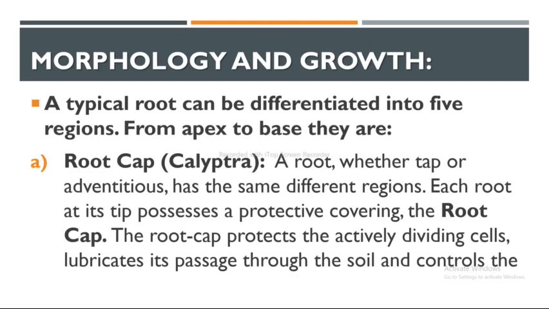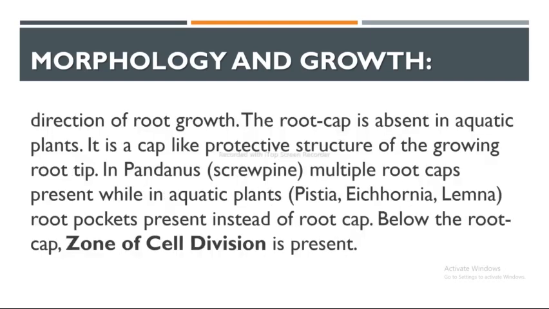Each root at its tip possesses a protective covering, and that protective covering is known as the root cap. The root cap usually protects the actively dividing cells, lubricates its passage through the soil, and controls the direction of root growth.